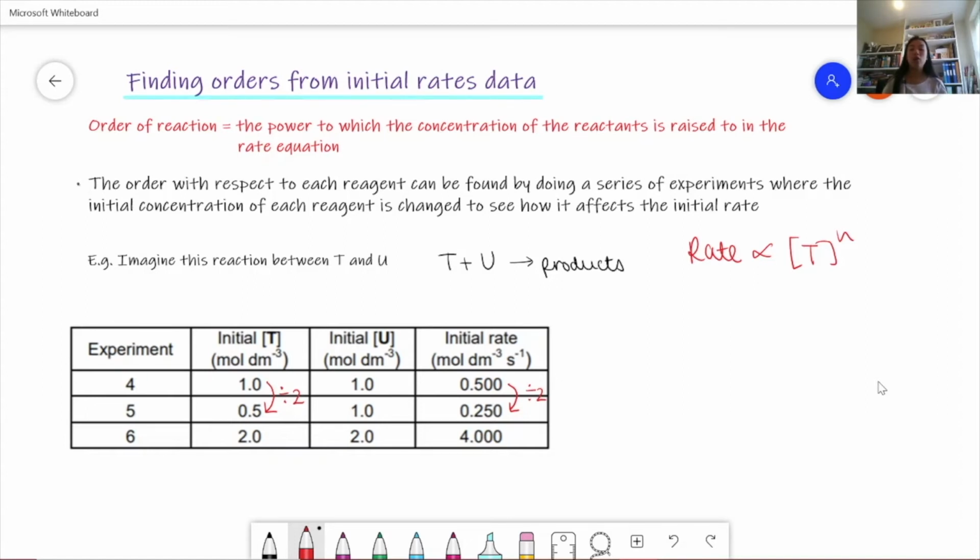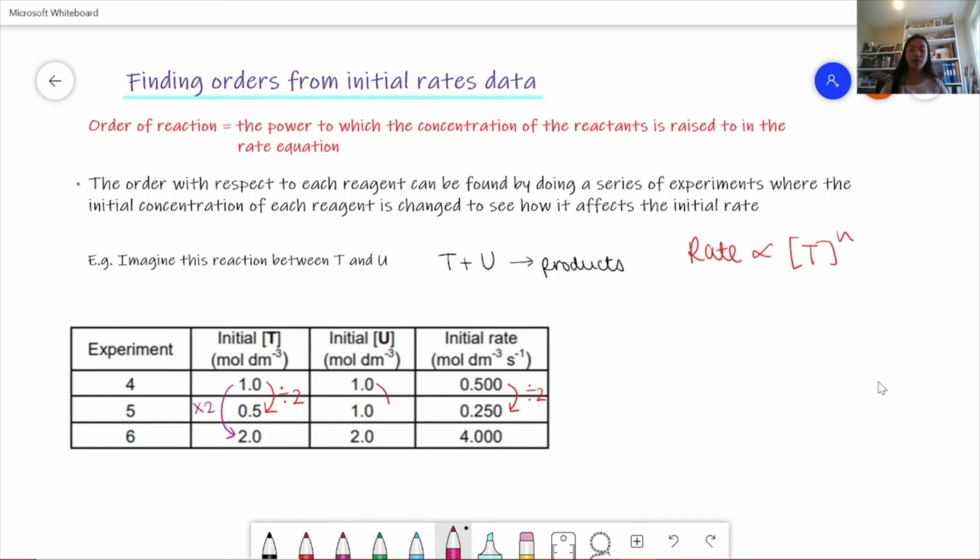And then now we have a look at changing the concentration of U. And so, as you can see, going from different experiments, there's no 2 experiments where we just change the concentration of U and don't change the concentration of T. So what we need to do is we need to use the information we've already got about T and use that along with working out the order with respect to U. So if I choose experiments 4 and 6, for T, what happens is that we multiply the concentration used in experiment 4 by 2.